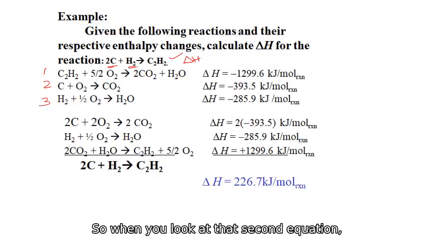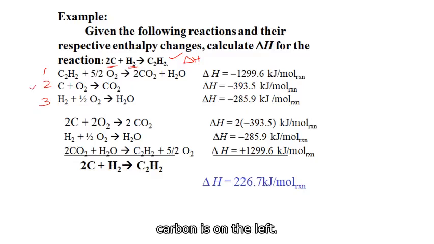In the second equation, carbon is on the left, and in the third equation, hydrogen is on the left, so that is clear, and C2H2 on the right side. So we will flip the first equation so that we get C2H2 on the right side. You can see the flipped first equation here.